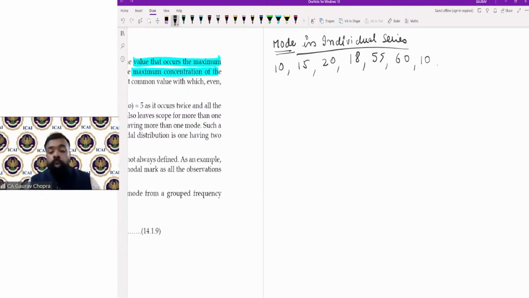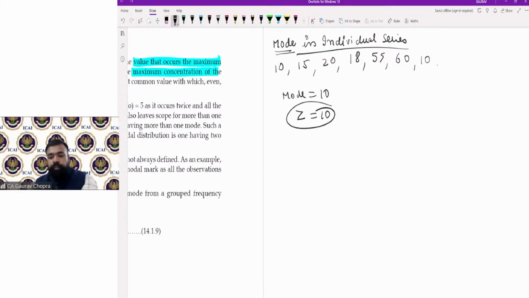Now, what is the mode in this case? The number which is getting repeated the most, we call mode. Only the number 10 is getting repeated, so mode is equal to 10, and mode is denoted by the symbol Z. So mode will be 10 in this case.